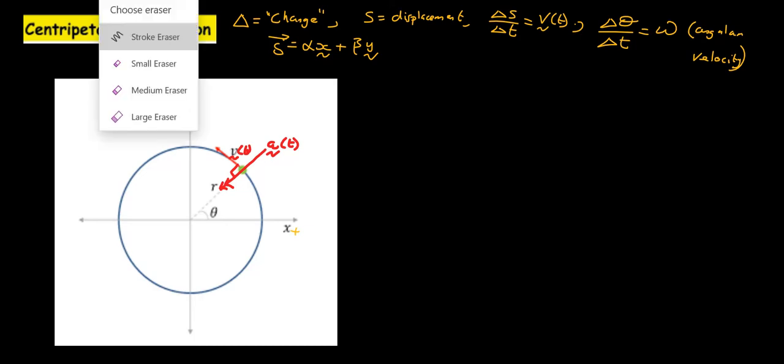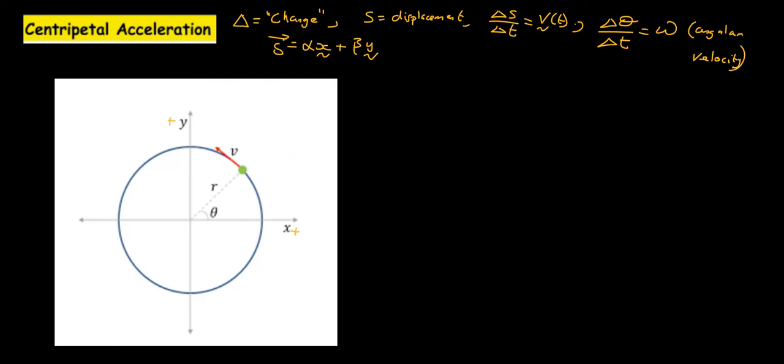Okay, so let's get rid of this. This is change in S. So we're going to start from position 1 and we're going to go to position 2, and the change in position, or the change in displacement, is going to give us a triangle.